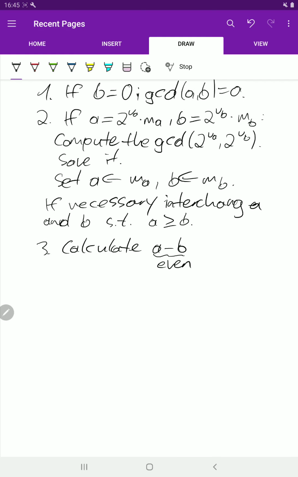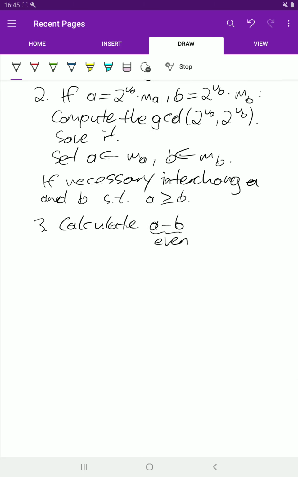And so we can again write this as 2 to the ν_(a−b) times m_(a−b).